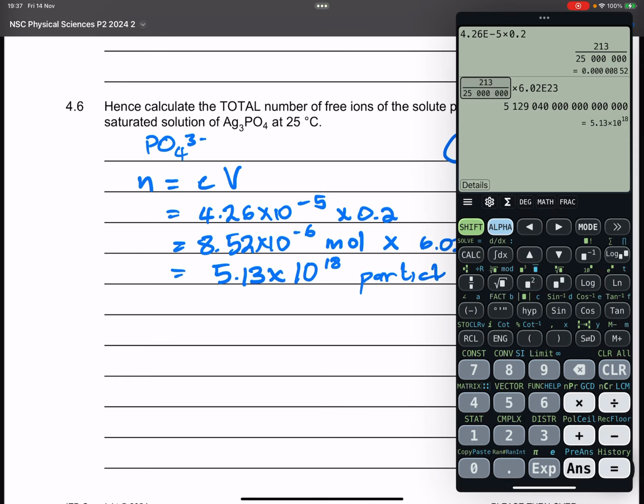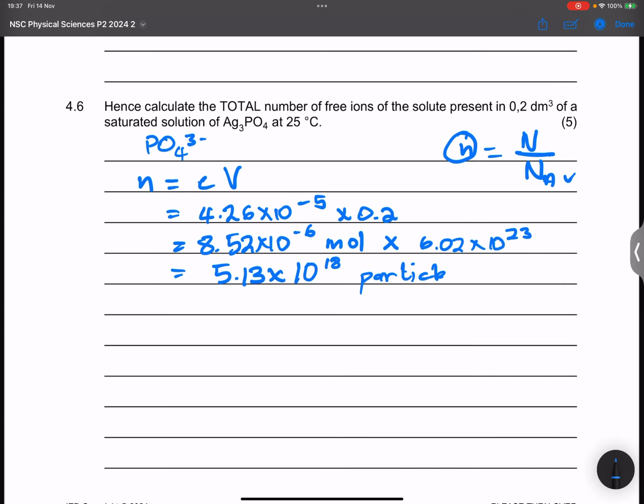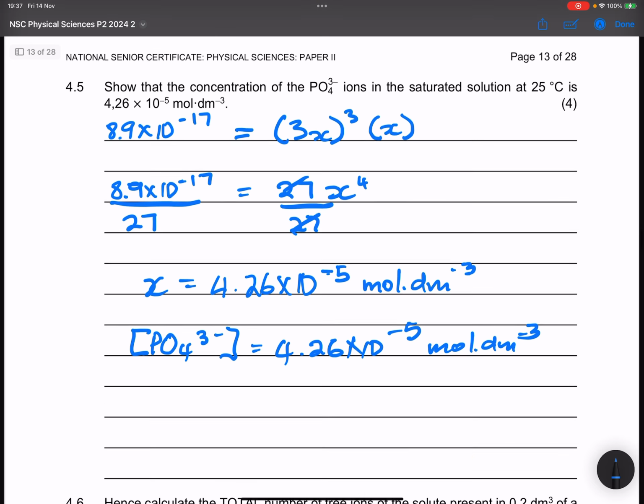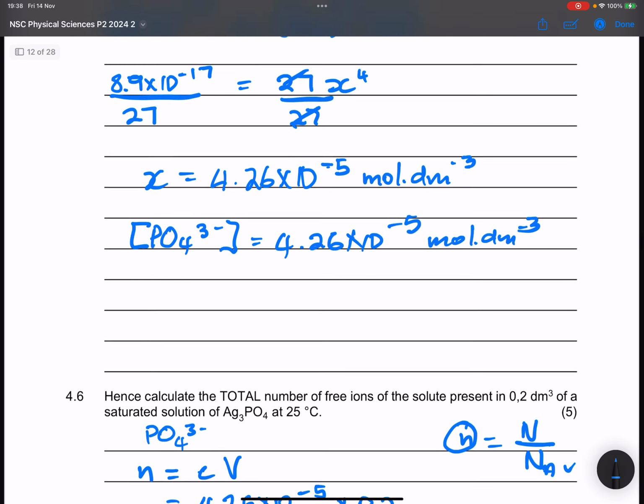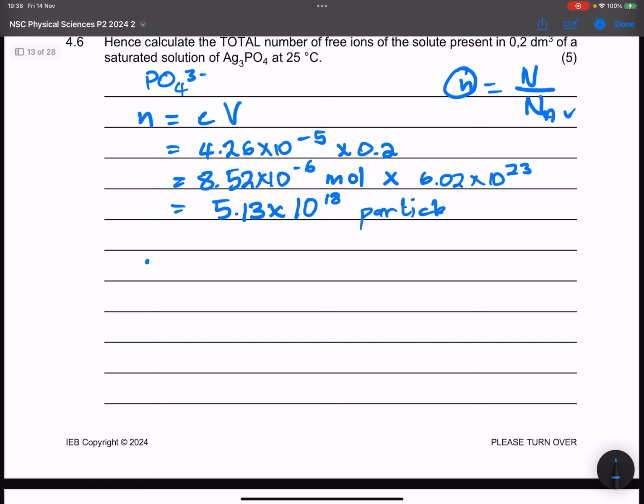But remember, those were just for phosphate ions, so which means if we wanted to find out the number of particles for, what was the other one? I think silver ions, that's 3 times the amount. So number of particles for silver, that's going to be 3 times this amount, 5.13 times 10 to the power 18.